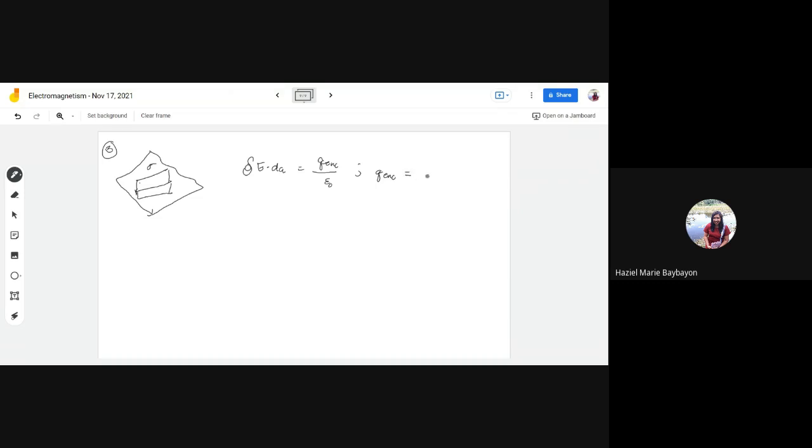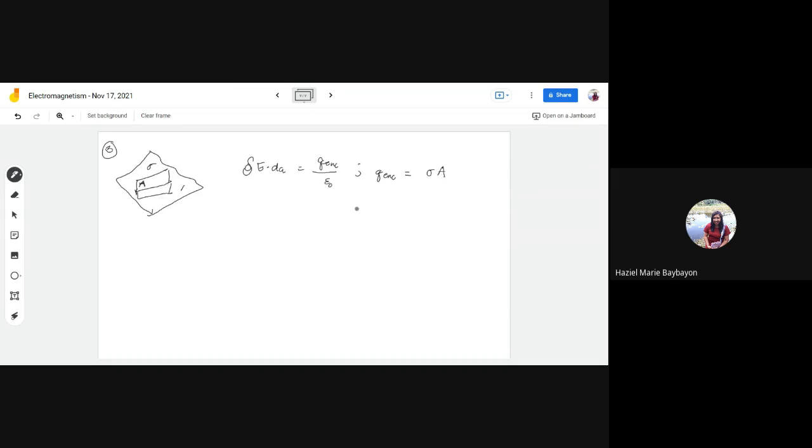Q enclosed is just sigma multiplied by the area. Say for example, the area of one side of your Gaussian pillbox is A. So your Q enclosed is equal to sigma multiplied by A.